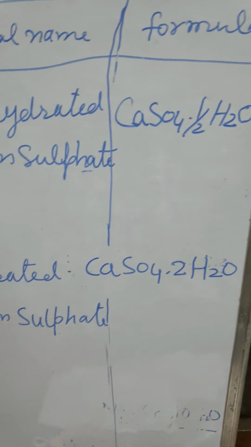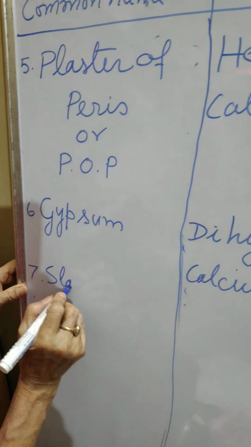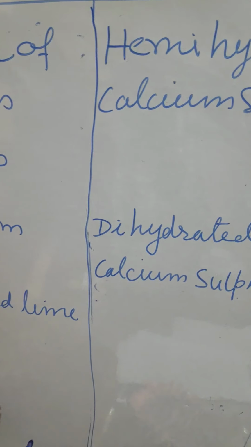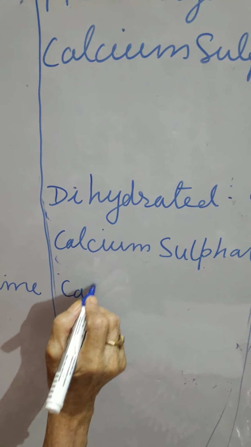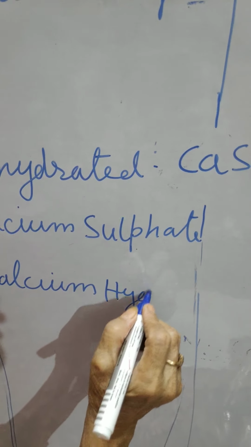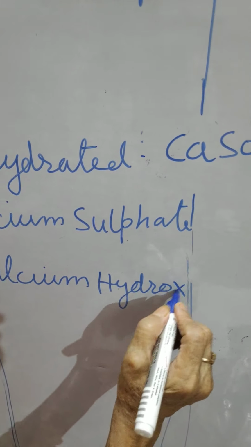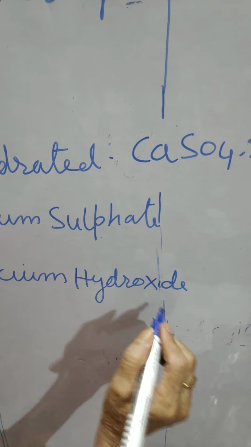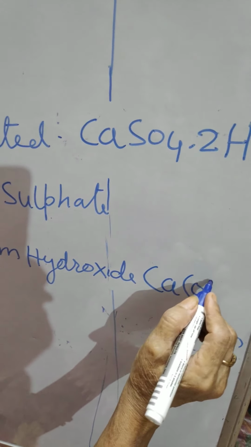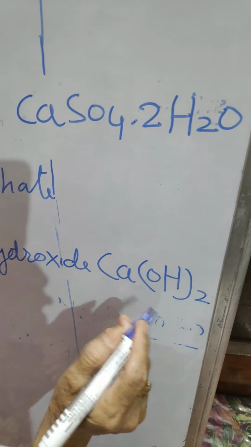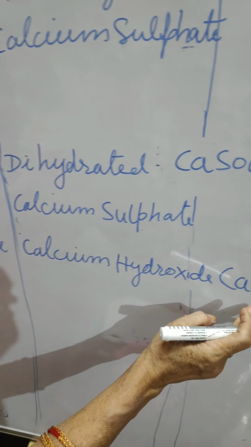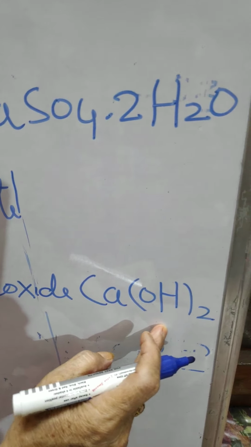Seventh one, slaked lime, calcium hydroxide. The formula is Ca(OH)2.